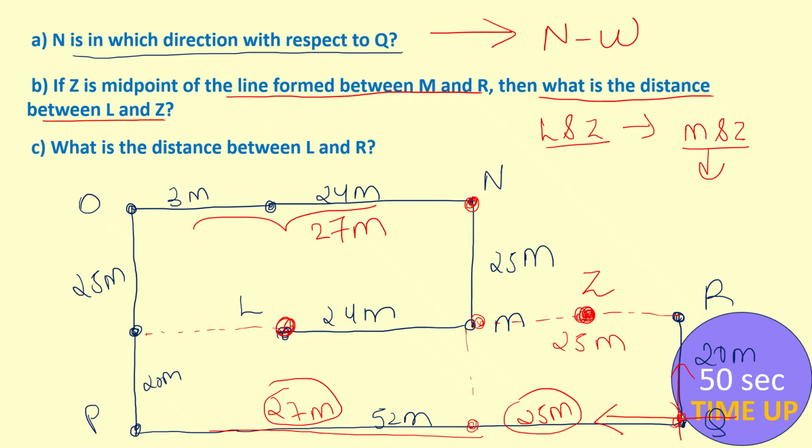First I need to find the distance between M and Z. How will I find that? From M to R my distance is 25 meter. Z is in the middle.